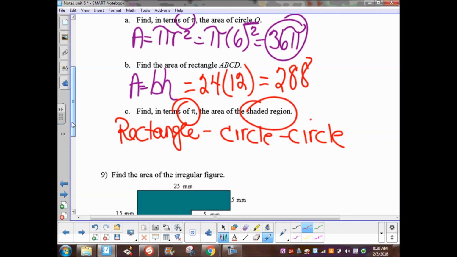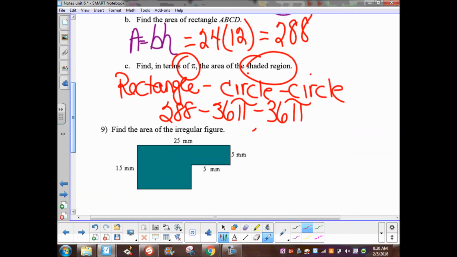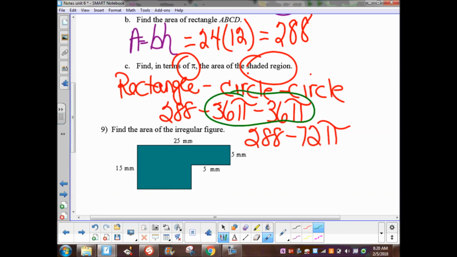We have to take out both of them. So we have 288 minus 36 pi minus 36 pi. But guys, are there any like terms there that I could simplify? Kristen? You could take the 36 pi and the 36 pi and add them together. Yep. So 288 minus 72 pi. Awesome. These guys behave like terms. So that would be my final answer.